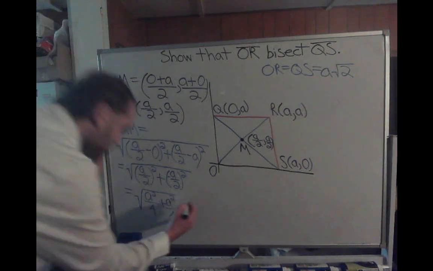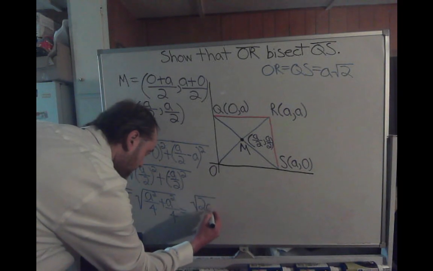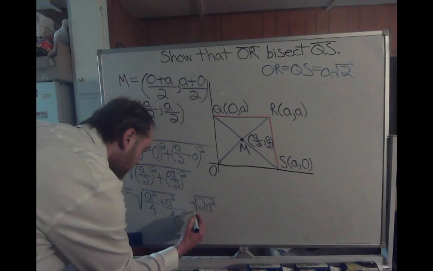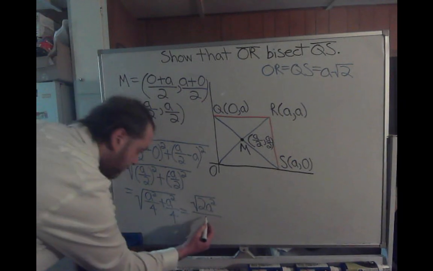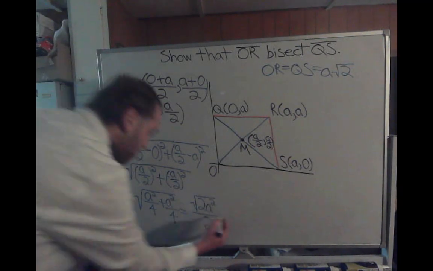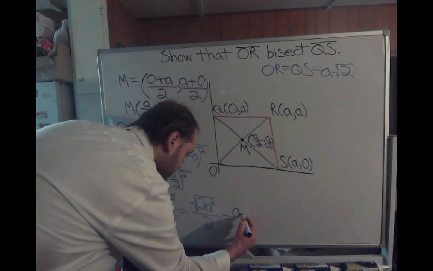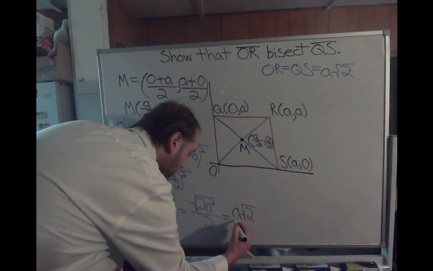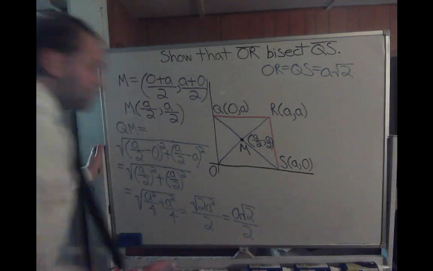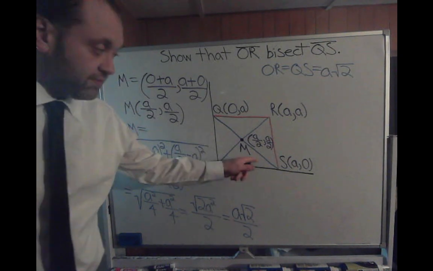Then you would have the square root of 2a squared all over, what's the square root of 4? That's 2. Which would end up giving you then, of course, a times the square root of 2 over 2. Which would show then that QM is literally half of QS.